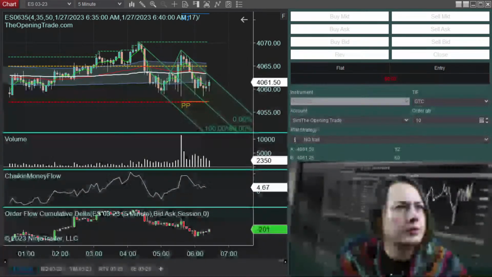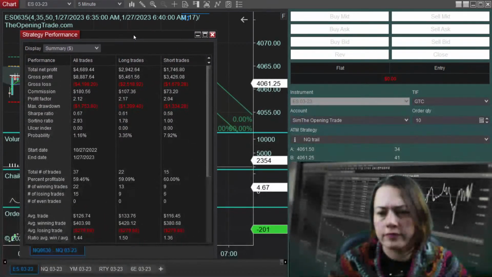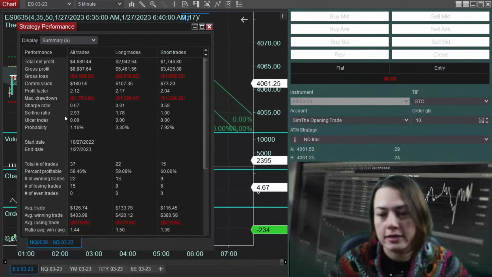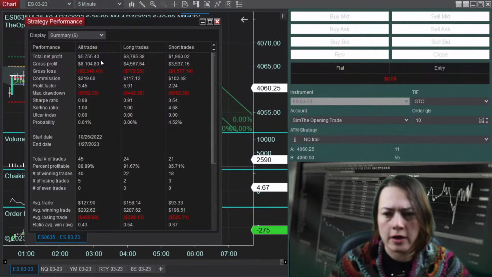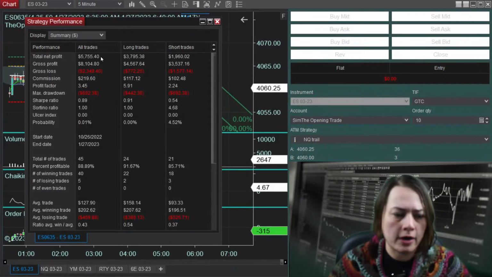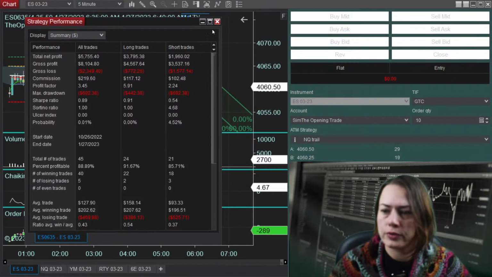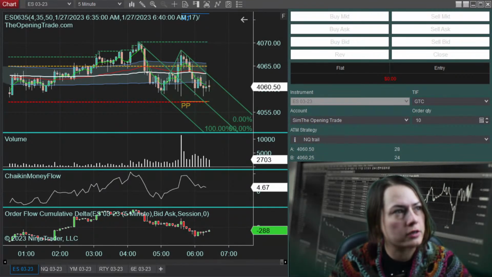Okay, the first chart we're going to look at is the NASDAQ futures. Alright, so we have our start and end date, gross profit, total net profit. If you lose me, so sorry.